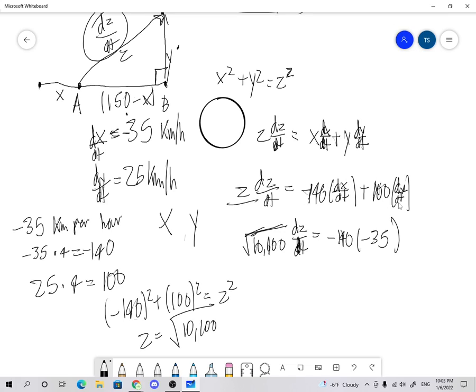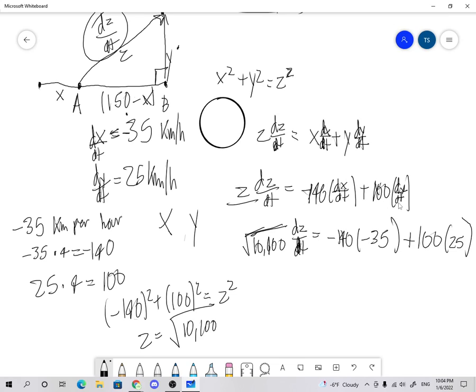Look at that. Perfect. So we're just going to simplify this all out. That's going to be negative 140 times negative 35. Look at that. Plus 100 times 25.